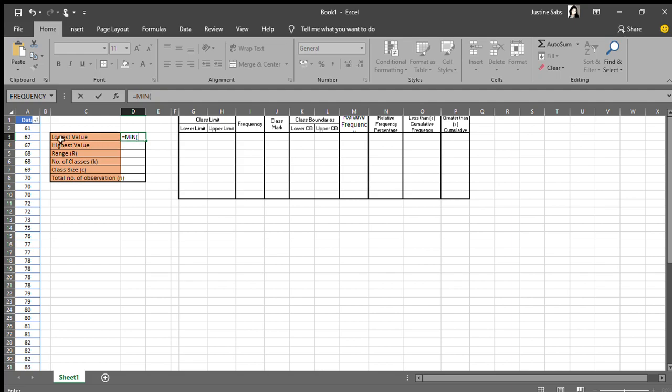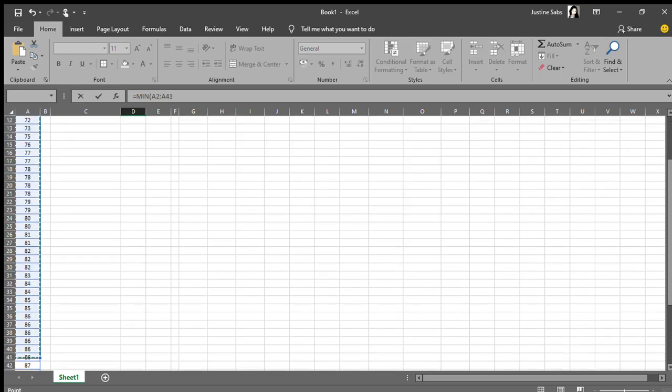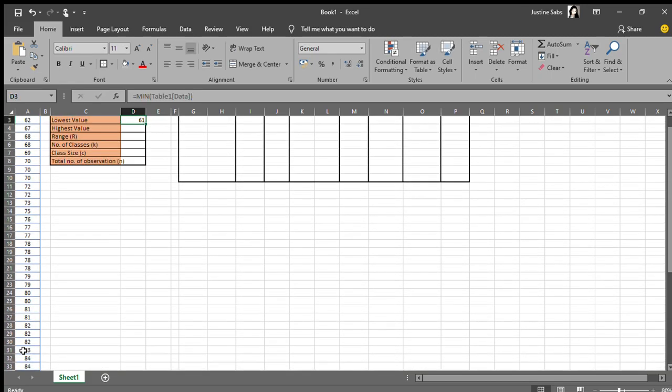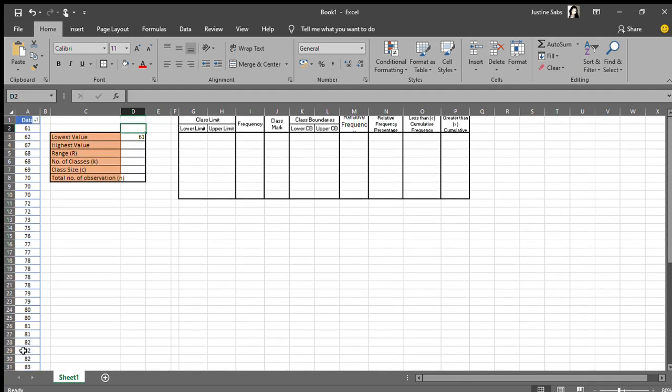After that, select the range of data, then close parentheses, click enter. We have here the lowest value is 61. For the highest value, the function would be equal sign, then MAX, open parentheses, then the data range that we have. You can also type that.